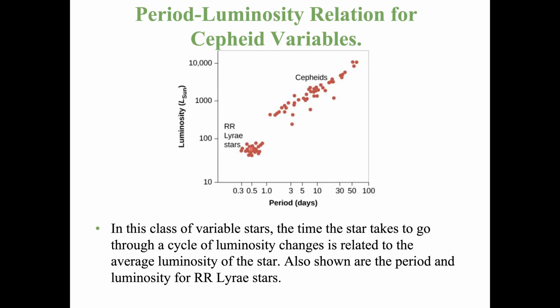And then RR Lyra stars are somewhere here. You can see that their periods vary from 0.5 to 1 day. At the same time, if you look at the y-axis, they have a very similar intrinsic luminosity, right? Because of that, once you know the period and the luminosity, you can easily calculate the distances.